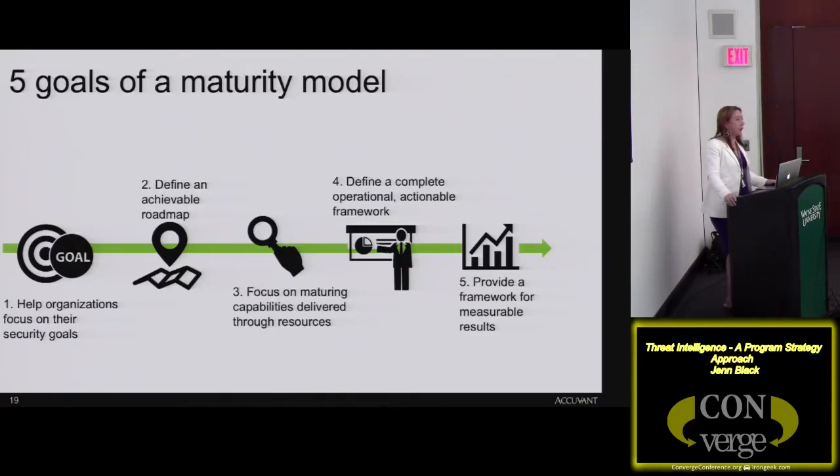The blueprint that we produced as a result of this research is about 50 pages, and it has graphics in it. It was designed to be very readable and usable. And then we wanted to provide a framework for measurable results, because if you can't measure it, you may as well not do it. Or as Homer says, the moral is, don't try.